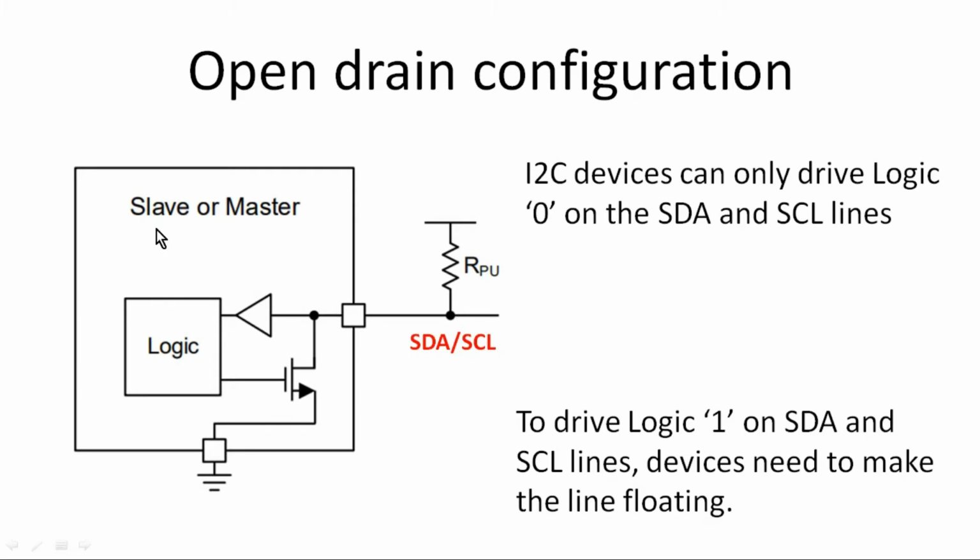This device is not driving it anymore. But because this line is connected to the voltage supply VDD through the pull-up resistor, the status of the line will become logic 1. Friends, just for your information, whatever the status of the SDA or SCL line, it is going to this input buffer and is finally transmitted to the logic. So we have to handle this data accordingly.